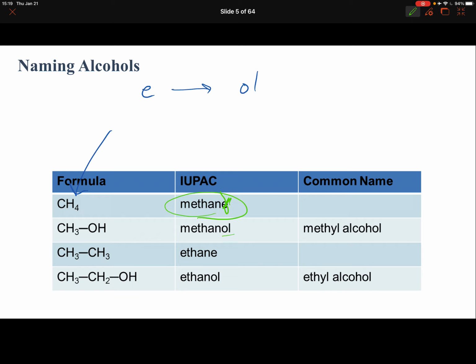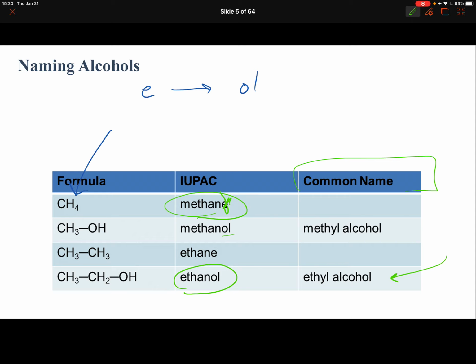There are also common names: methyl alcohol, ethyl alcohol, isopropyl alcohol. You've maybe heard of that one, rubbing alcohol. Ethyl alcohol, you've probably heard of as well. Ethanol is the main ingredient in alcoholic beverages. That's the alcohol that we drink. With the common names, we just say the name of the alkyl group followed by the word alcohol.